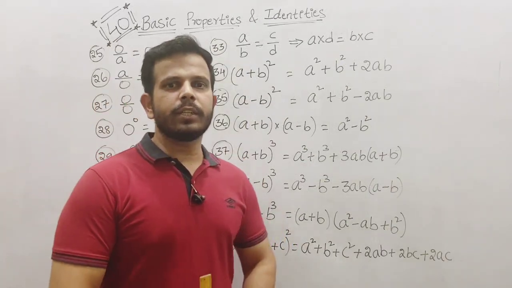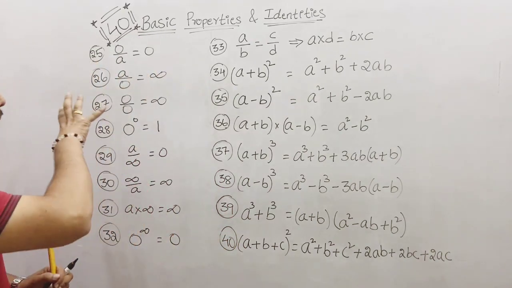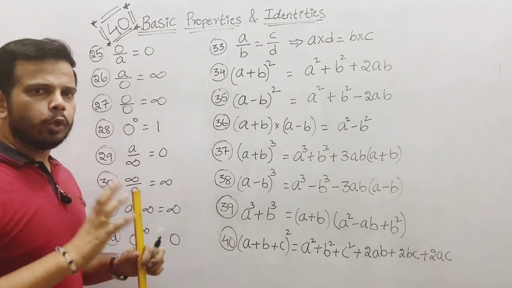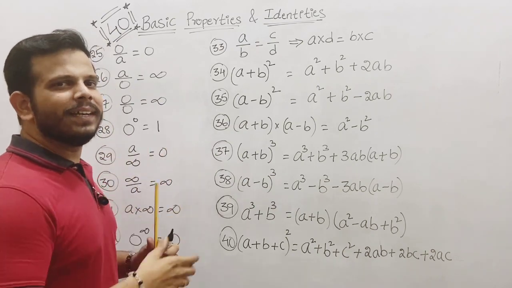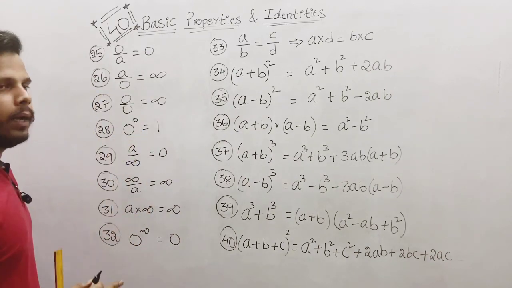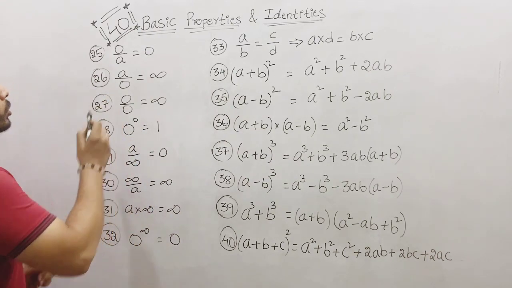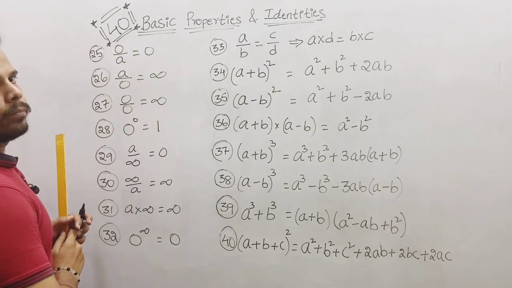Few more interesting properties about 0. All of them are not in your books, but usually students get these interesting doubts about 0, so that's why I'm including those in these properties. 0 by anything is always 0.